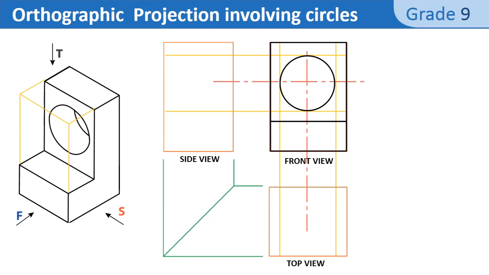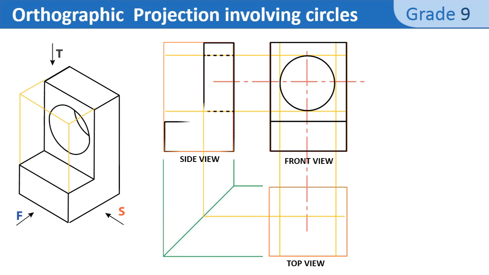Now I elongate the projection lines from the side view to the top view by passing them through the miter line. So that's how I use the miter line. It is like a connection in between the top view and the side view.